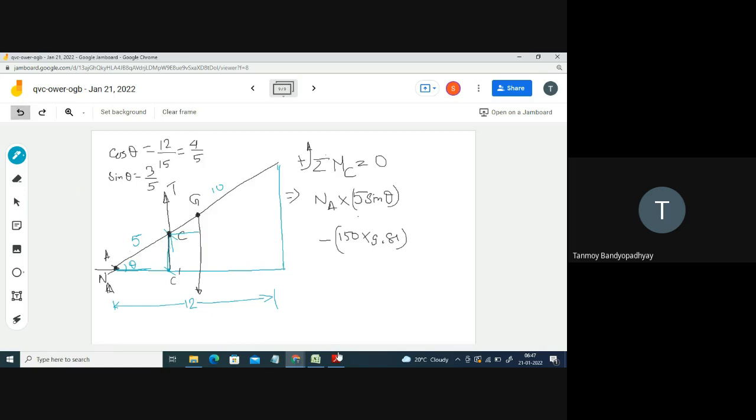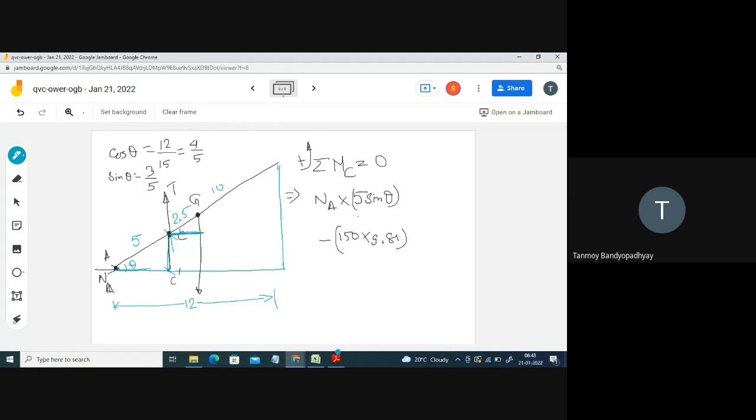Am I making a mistake? Which distance should I take? This distance, the line of action of the force and the point. So what will this be? 2.5 cos theta. This is actually 2.5 and this is theta.